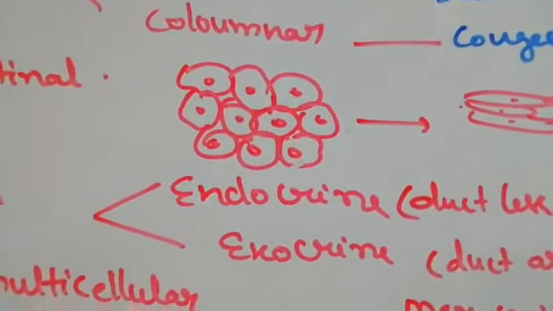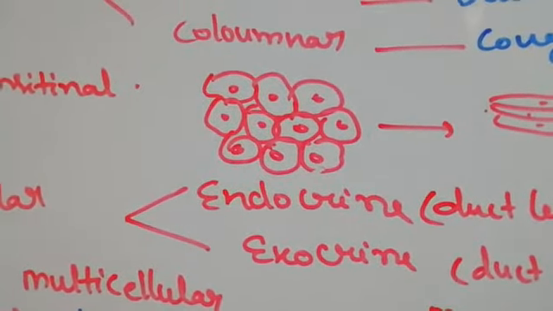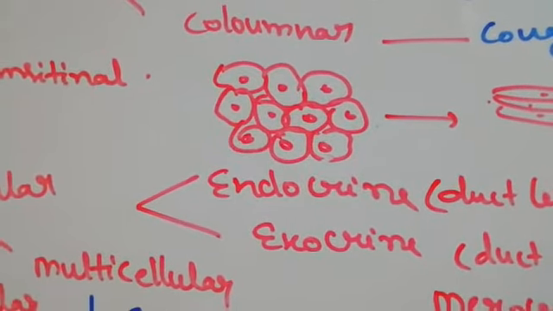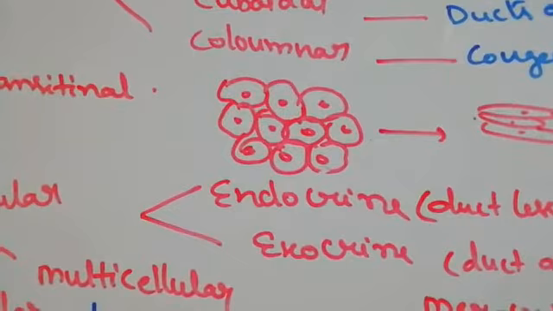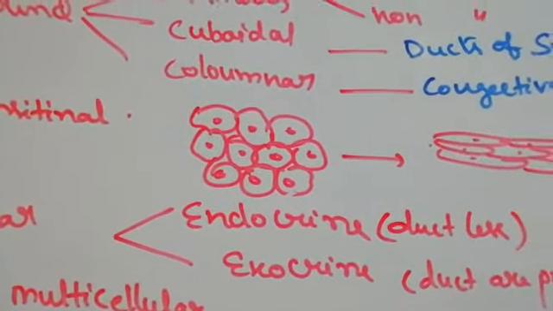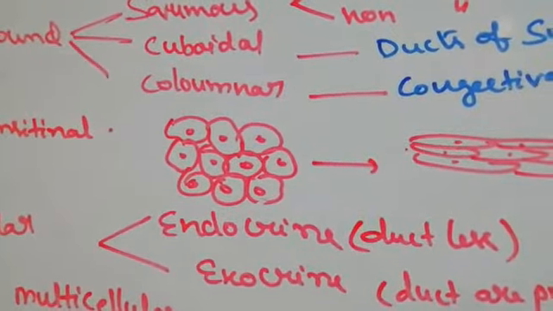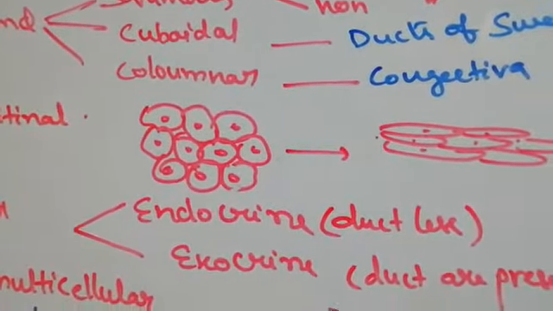They directly release their secretion into the interstitial fluid and from there it diffuses into the blood. Whereas exocrine glands contain ducts, with a special epithelial cover, which pour the secretion out. That means in endocrine, ducts are absent; in exocrine, ducts are present.